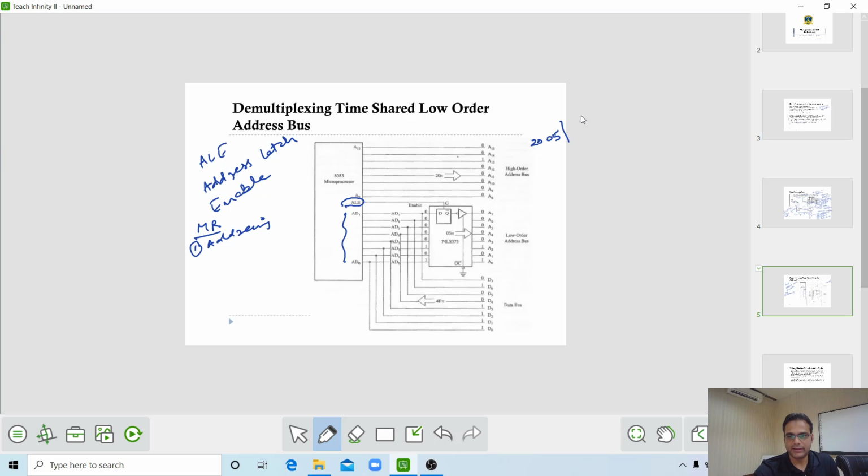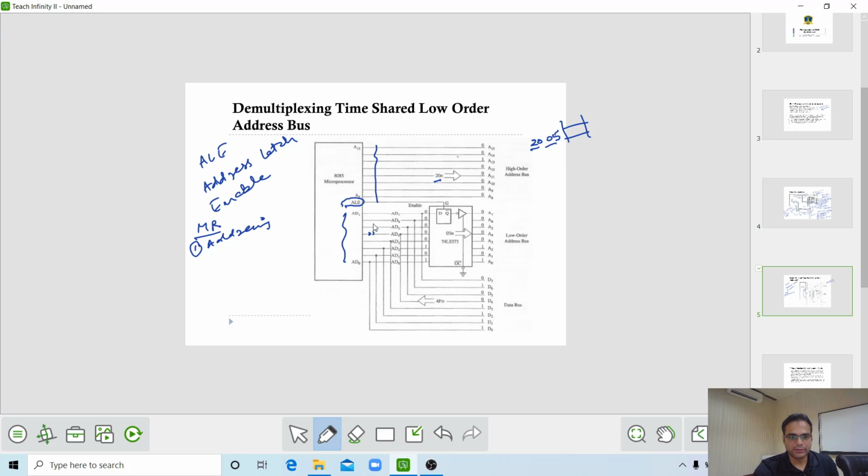For example, if we consider the address 2005, this is a 16-bit address which is loaded on the 16-bit address lines. These are the 8 high order address buses and these are the 8-bit low order buses. So 20 is loaded here and 05 will be loaded here.